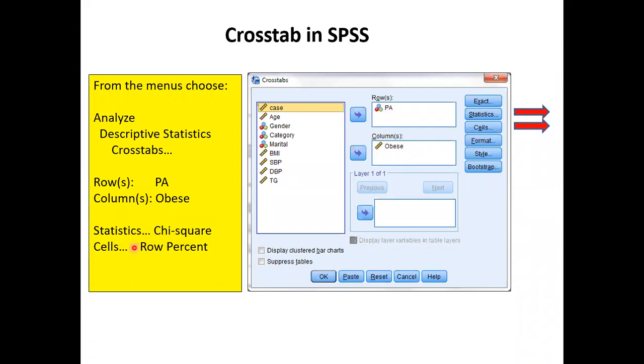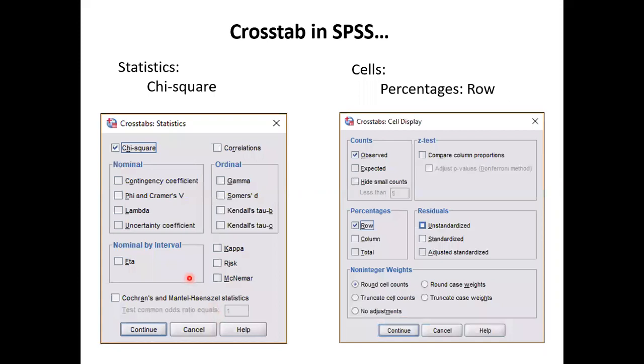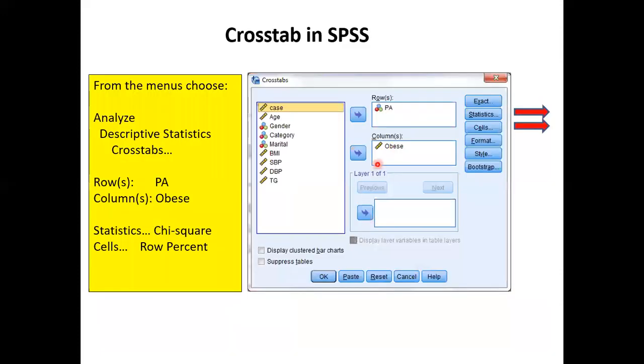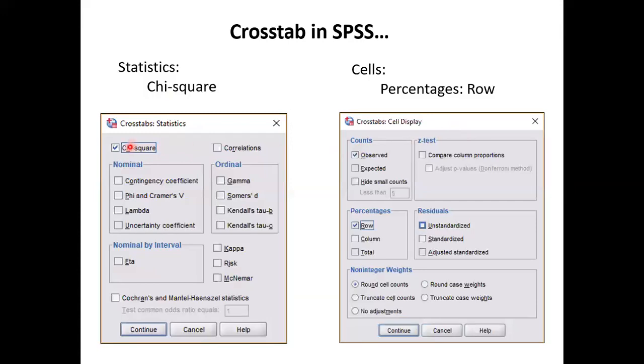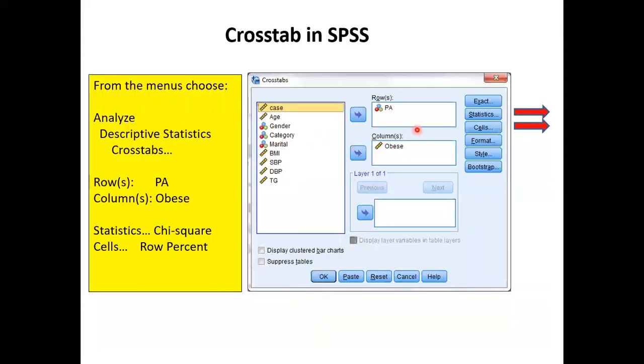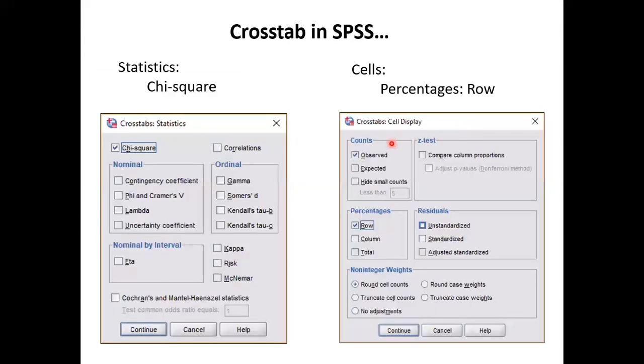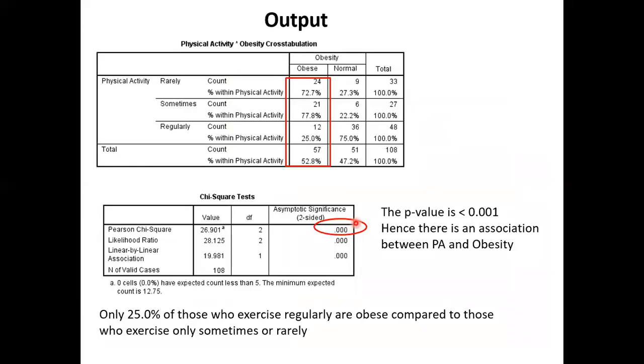Under statistics, choose chi-square; under cells, choose row percentage. Again, put in PA and obese, click statistics, do this and go back, click cells, choose row percentage. Next, click OK, and the results come up.